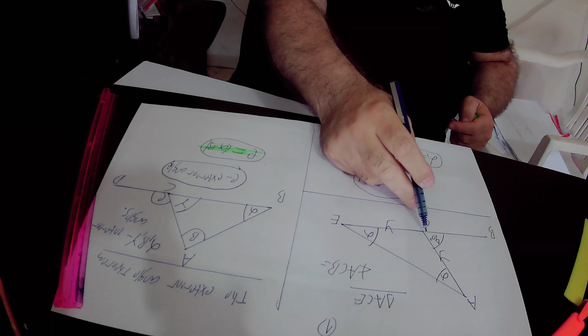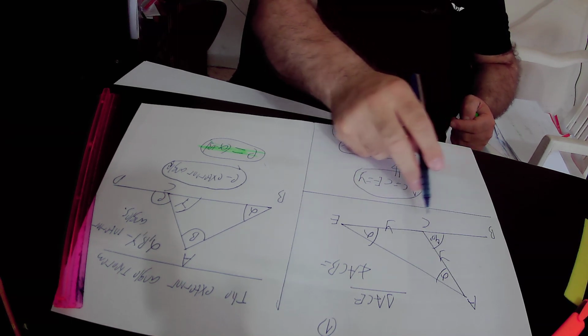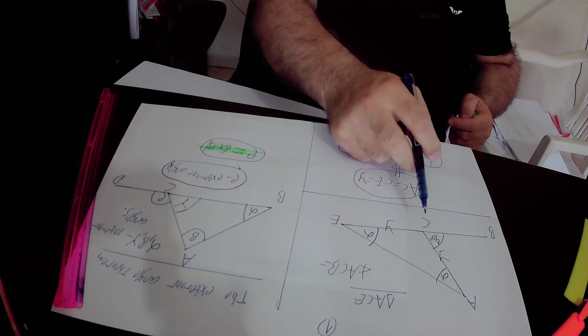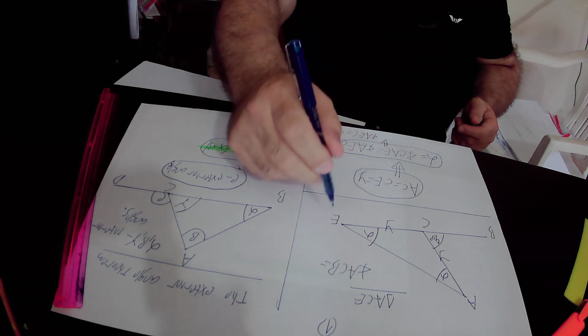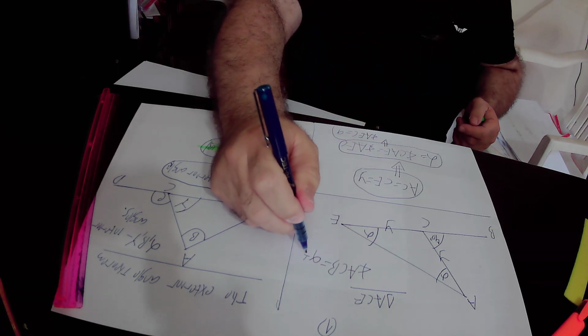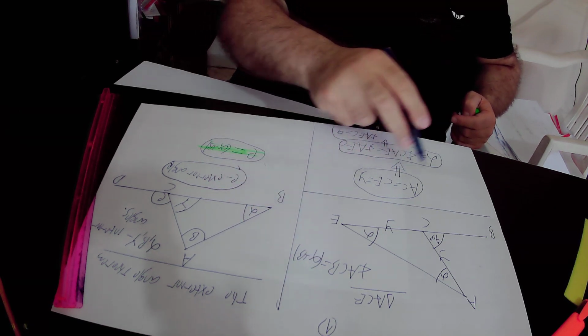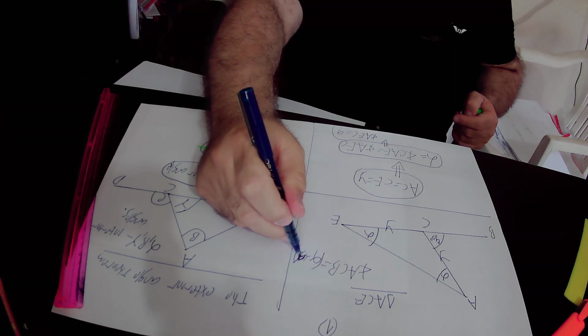Those are alpha and alpha, and their sum is alpha plus alpha. So angle ACB equals alpha plus alpha.